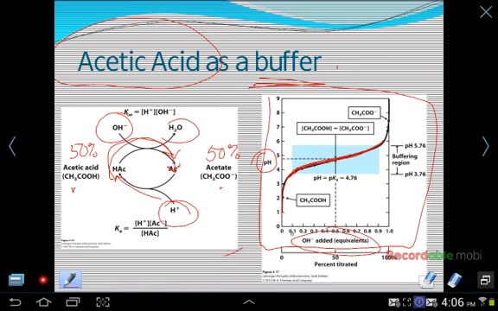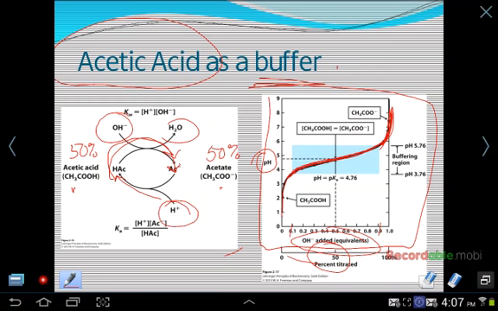From 0.2 to about 0.9 equivalents of base, we see very little change in our pH. However, as we get to very high base added to the solution, eventually we use up all of our conjugate acid in solution, and now all we have is conjugate base in solution and excess base, meaning that our pH goes up and is no longer controlled.